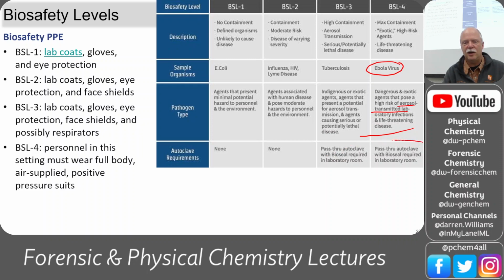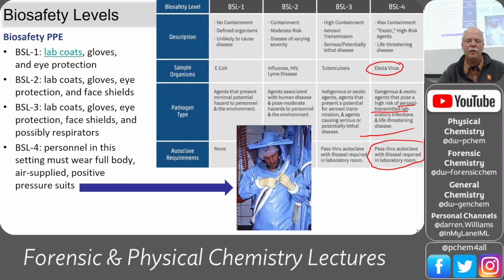Everything passes through an autoclave when it comes out, so it's completely sterilized on the way out. And all of your garb, you're in a positive pressure suit. You have supplied air, so you're not breathing anything in from the laboratory environment. So this is how you have to work in a biosafety level 4 facility.